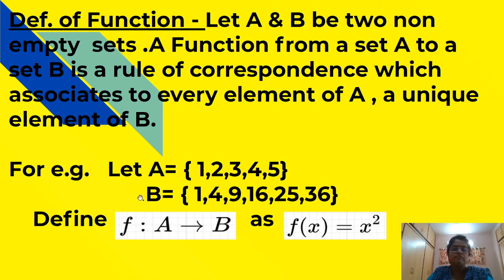For example, let A is equal to {1, 2, 3, 4, 5} and B is equal to {1, 4, 9, 16, 25, 36}. We define f from A to B as f of x is equal to x square.